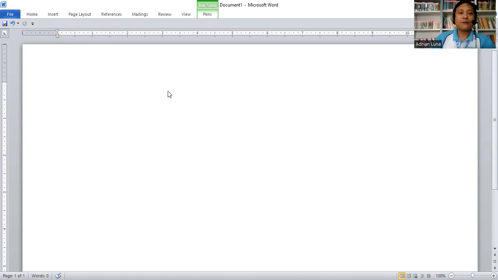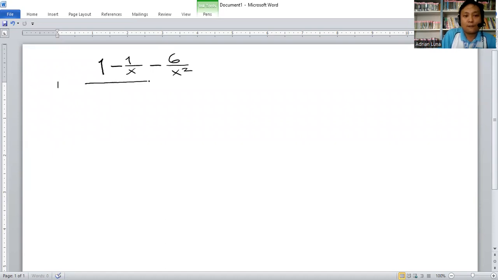Okay. So for our first example, let's say we have 1 minus 1 over x minus 6 over x squared, all over 1 minus 3 over x.